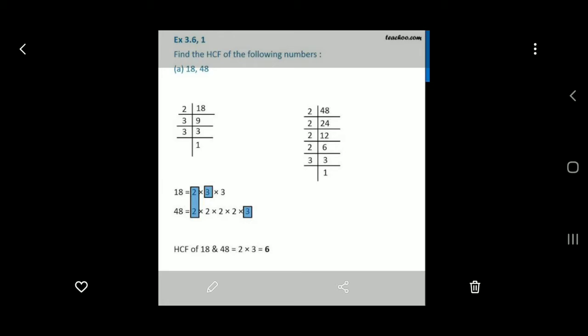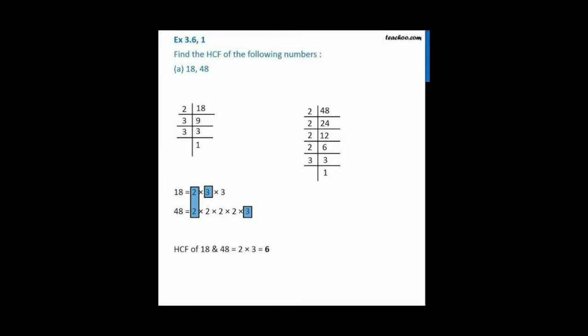So here, find the HCF of the following numbers. What is HCF? Highest common factor. So you just find the factors using the prime factorization method. 18 is there, 48 is there. You practice well, children, then it will be easy for you.